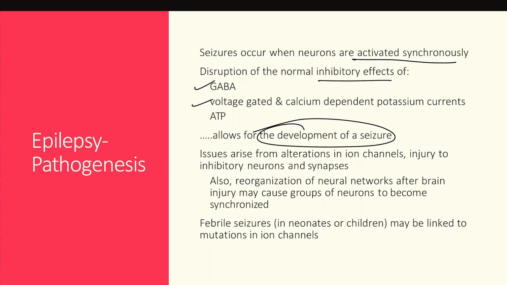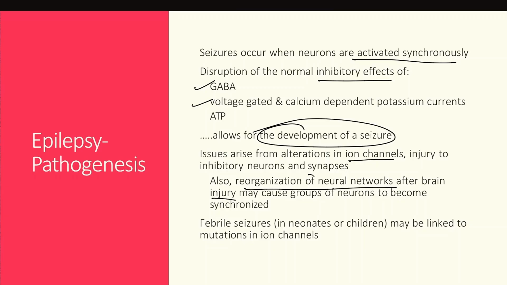So the inhibitory effects, things that are supposed to calm the brain down to prevent these seizure activities, have a problem with GABA. Remember, that's our major inhibitory neurotransmitter. They're going to have issues with it. So they have these ion channel issues, and that causes these inhibitory neurons and synapses to not really be effective anymore. We get reorganization of all these neural networks after brain injury, which also may cause these issues to happen.